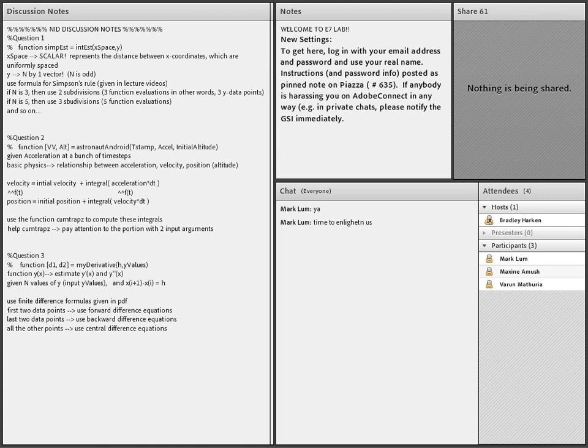The next question, question 4, this one is a little bit more complicated, but not really by that much. So in this question, we are dealing with a train.